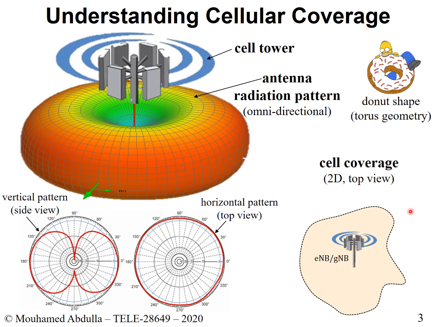Now, you might say to yourself, well, hold on, why did I get this and not this? You were expecting to get something like this, but you got this. Well, there are two reasons. The coverage of a cell depends on two key reasons. Number one, it depends on the power that is being transmitted by the antenna. That dictates the shape of your pattern. But it also depends on the different obstacles or the different things that you have around the channel.